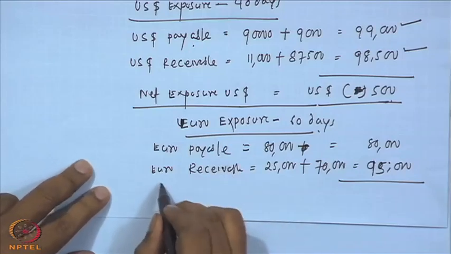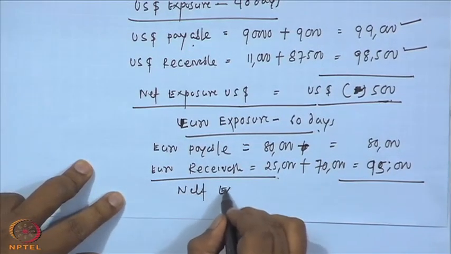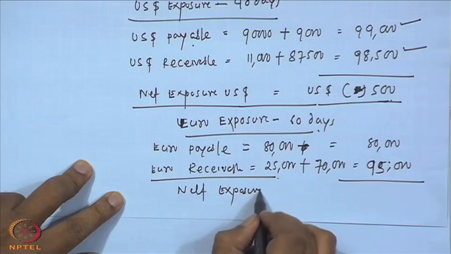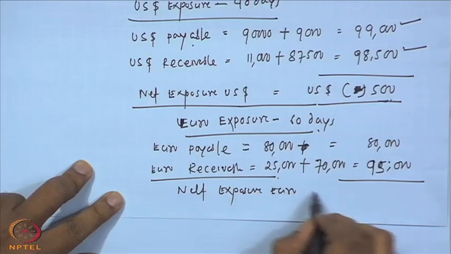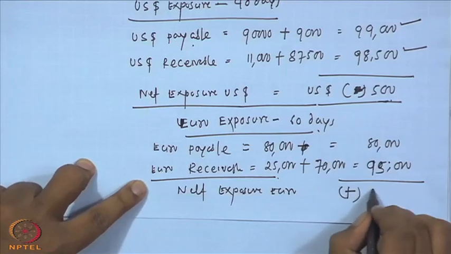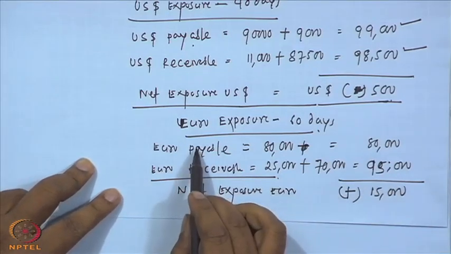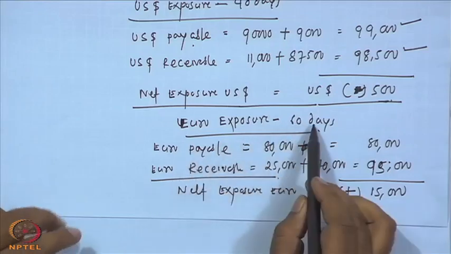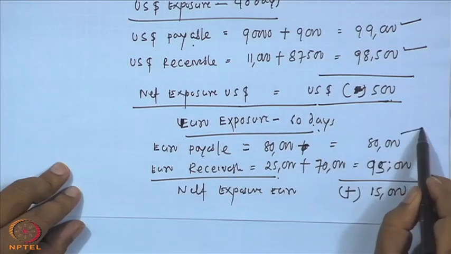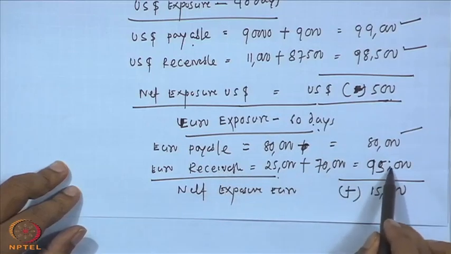So, the net exposure in euro after 60 days will be positive, how much? 15,000. The MNC needs to pay euro 80,000 after 60 days, and the receivable euros are 95,000.